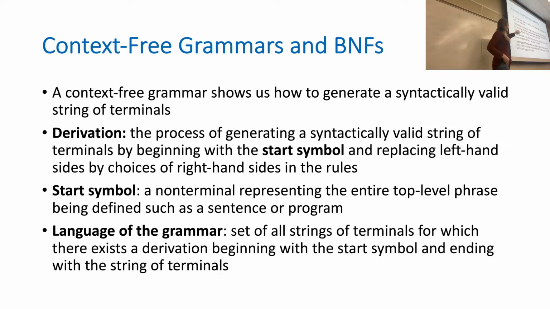A derivation is the process of generating a syntactically valid string of terminals by beginning with a start symbol and replacing left-hand sides by choices of right-hand sides in the rules. A derivation is basically taking a start symbol and seeing if we can break it down in a way where the resulting list of terminals matches some input, thereby validating that our input is syntactically or structurally valid for the given grammar.